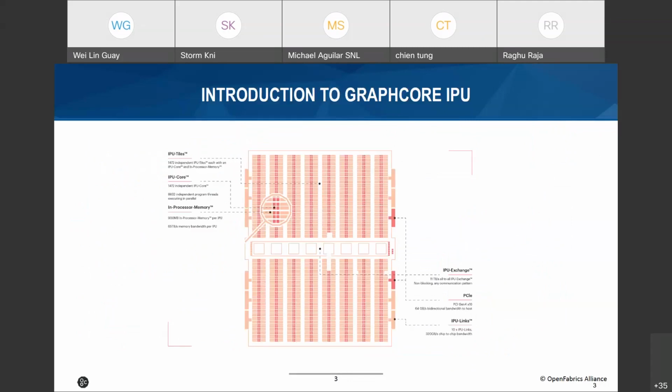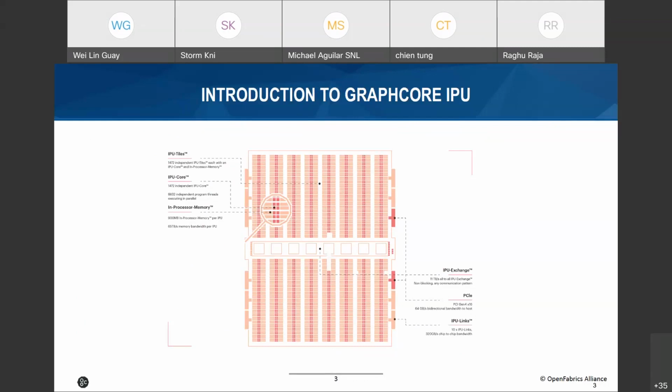We can view them as small cores. An important part is that they have their own SRAM memory. Each of them also has 6 worker threads.